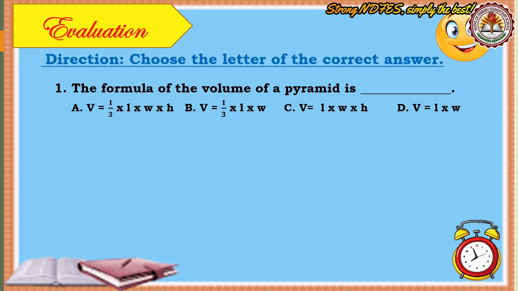Letter A. Volume is equal to 1/3 times length times width times height. Letter B. Volume is equal to 1/3 times length times width. Letter C. Volume is equal to length times width times height. And letter D. Volume is equal to length times width.